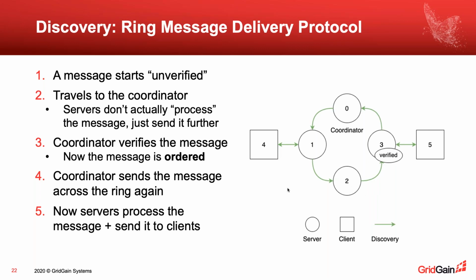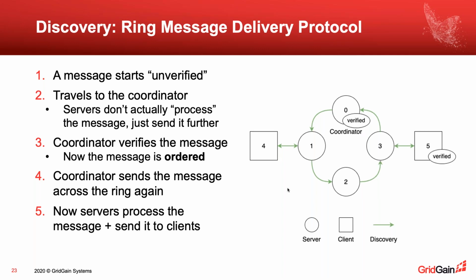Server number 2 sends the message further down the ring. Node number 3 processes it, sends it further, and when the message reaches the coordinator, seeing the verified message, it knows that it is on the second pass of the ring, and now it can just stop the message processing.